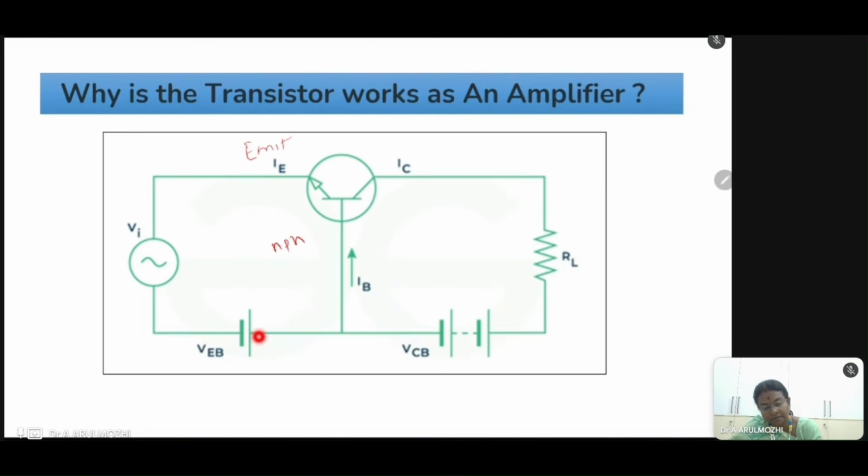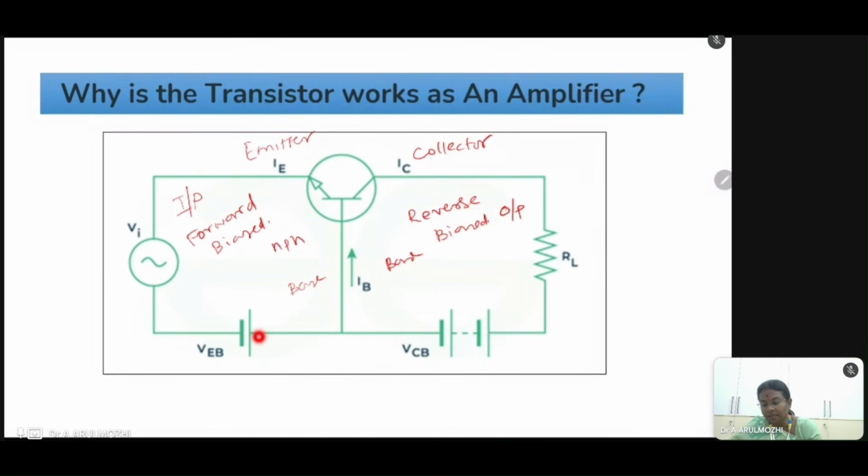emitter base junction. Here we are going to take it as the input region, and the input junction is kept forward biased, whereas the collector base output junction is reverse biased.